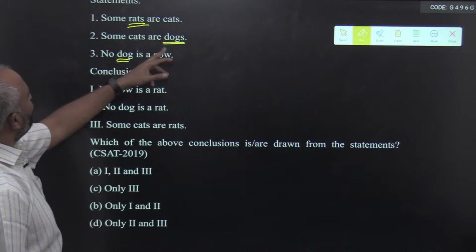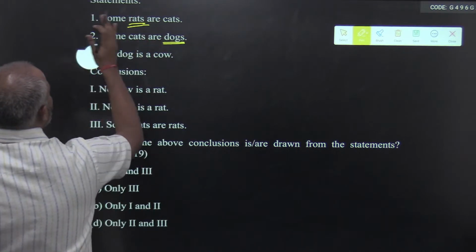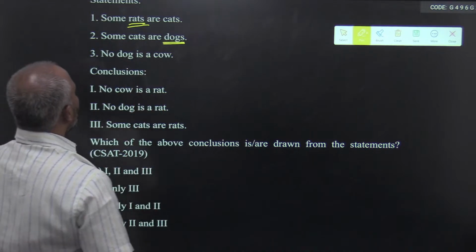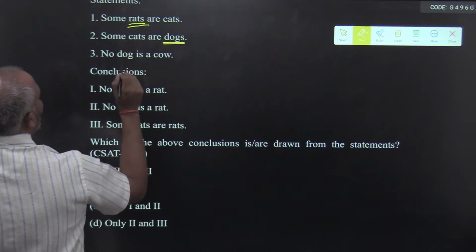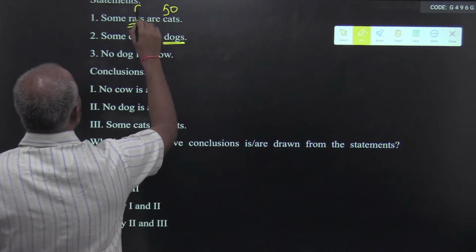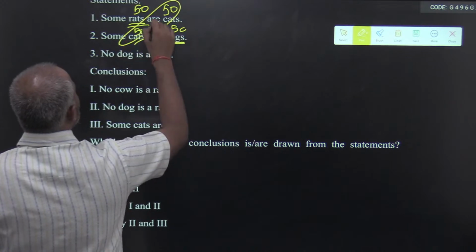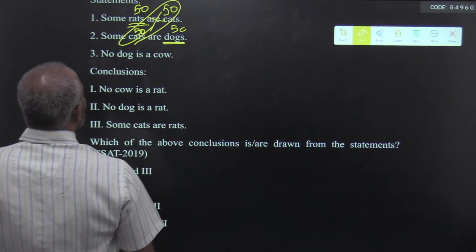No, cow has no common element with rat. That's why we are never going to consider this. I hope you have observed this. So dog has a common element of cat, rat has a common element of cat. Same, this is 50, this is 50, this is 50 and this is 50. Can you make a relationship here? No.